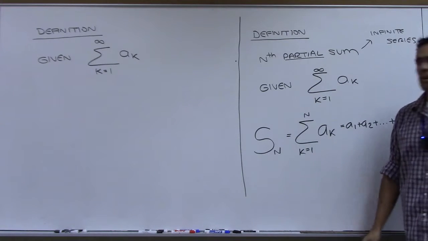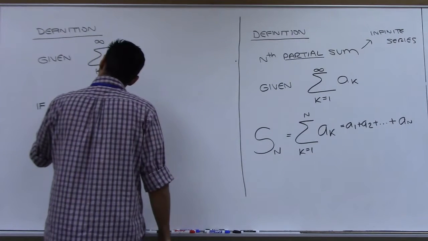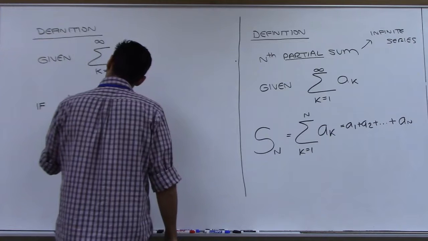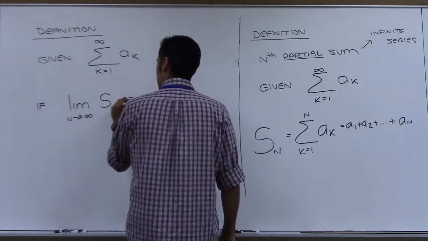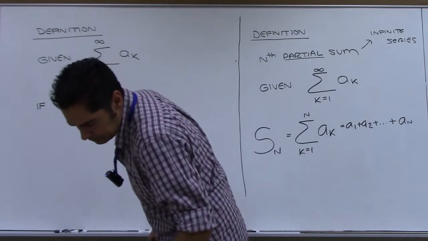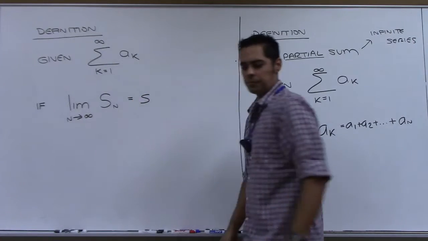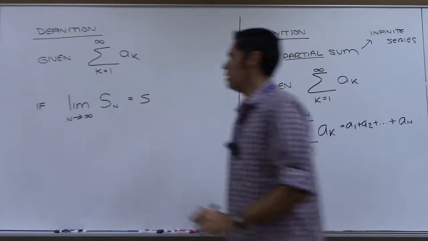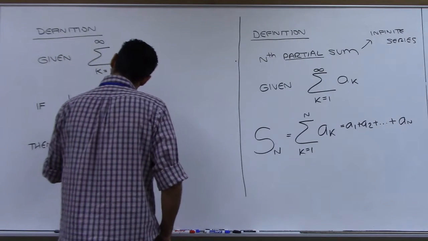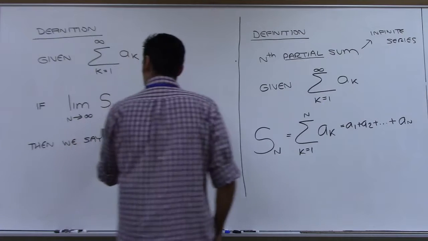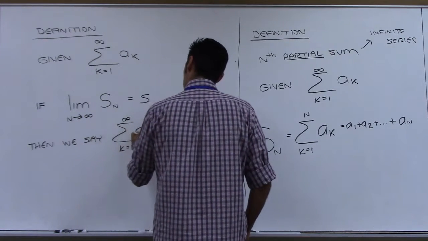If someone gives us an infinite series, then if the limit as n goes to infinity of s sub n equals, let me see what they use here, little s, then we say that the infinite series converges.